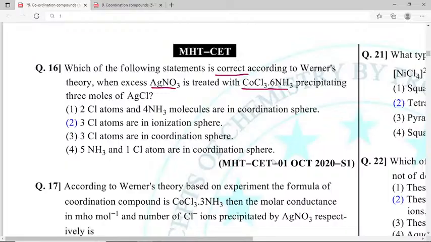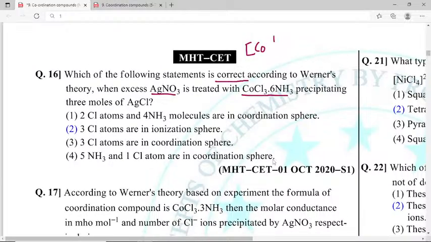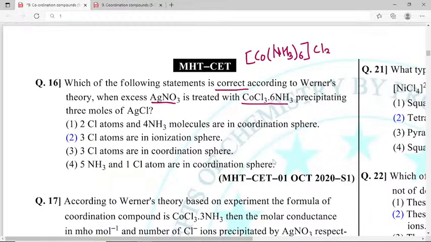So CoCl3·6NH3 is a complex where the cobalt is the metal and ammonia, 6 of them, is inside the coordination sphere, and outside there is the Cl3. So such type of Cl3 is the chlorine in the ionization sphere.